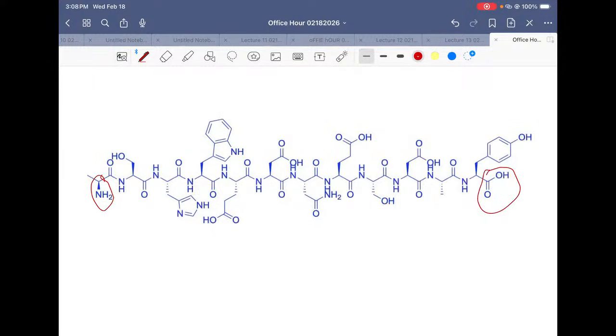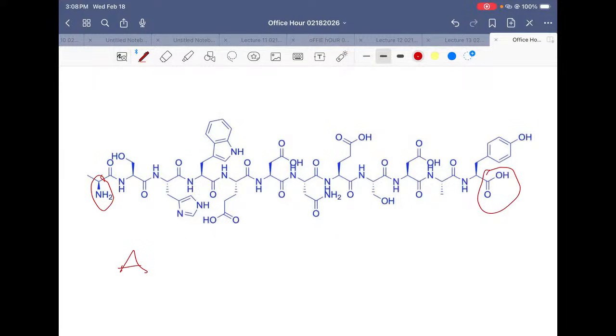Right? And then the next one? Histidine. And following that? Tryptophan. And the glutamic acid after tryptophan, what was that? Glutamic acid. And then aspartic acid. Yeah, let's write this thing down, right? So the first one was alanine.